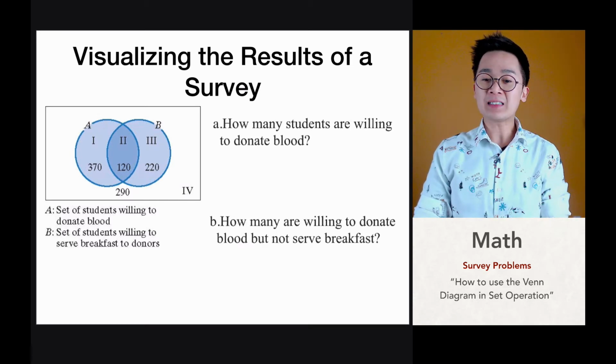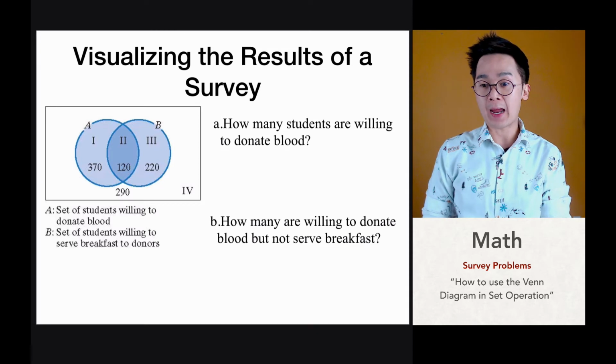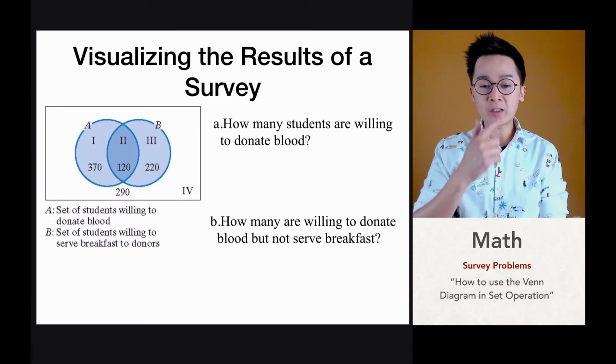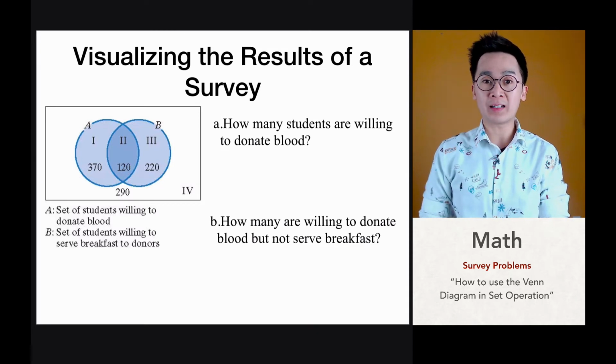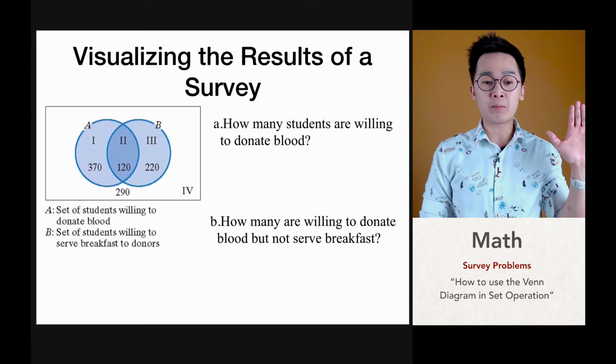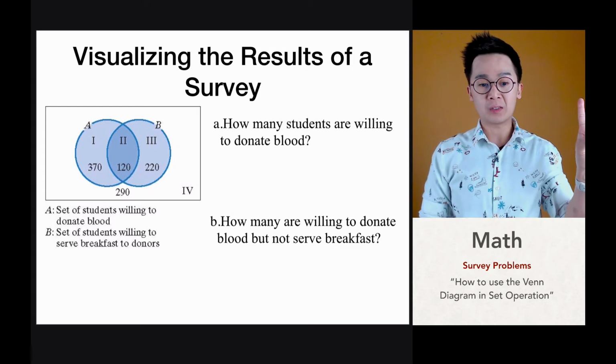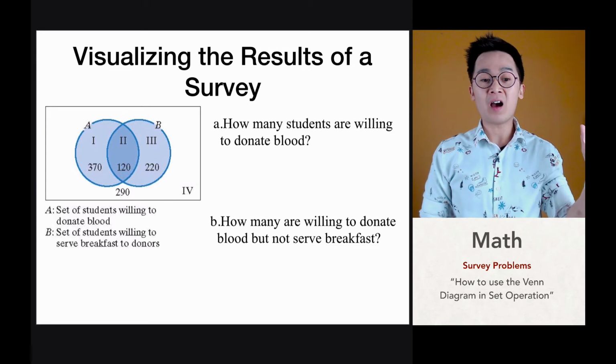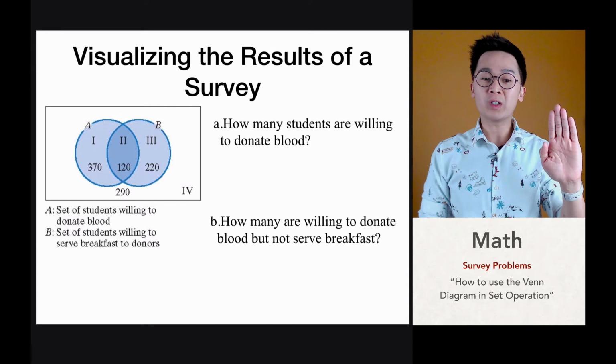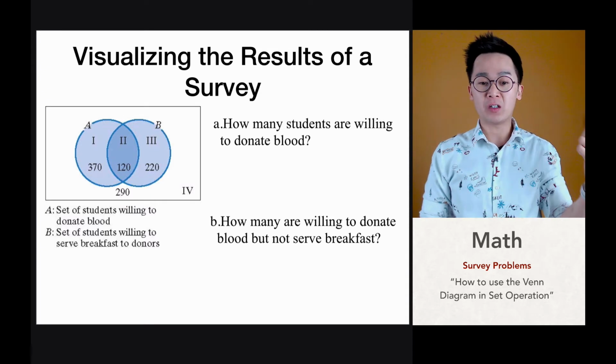Now let's answer some of the survey problems in this Venn diagram. Starting with the first one, we're going to count how many students are willing to donate blood. In this diagram, we know that set A are the students who are willing to donate blood, which comprises two groups: the group of students who are just willing to donate blood, and the subgroup which is willing to donate blood and serve breakfast.